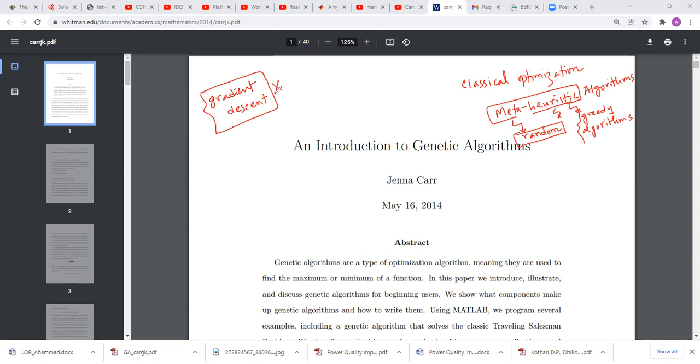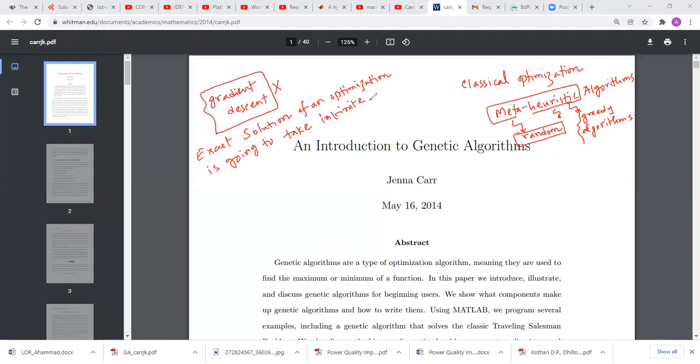So in those cases, and in many other cases, for example, where finding the exact solution of an optimization problem is going to take, let's say, an infinite amount of time.